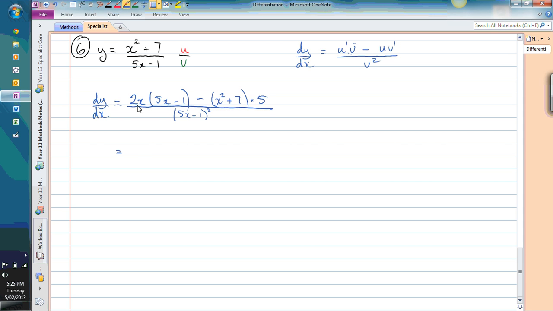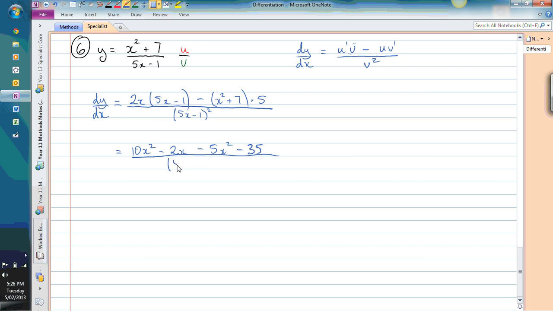Let's expand this. 2x times 5x is 10x squared. 2x times minus 1 is negative 2x. Tidying this up, I get minus 5x squared plus, minus 35, because that negative sign has to apply to everything inside.